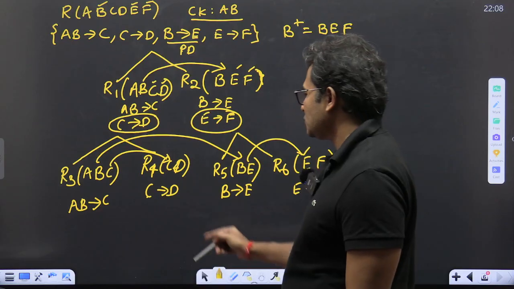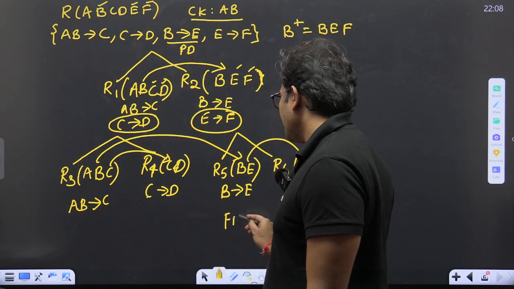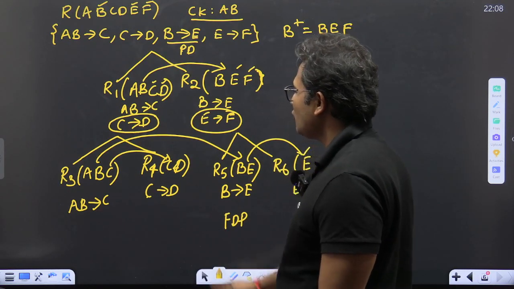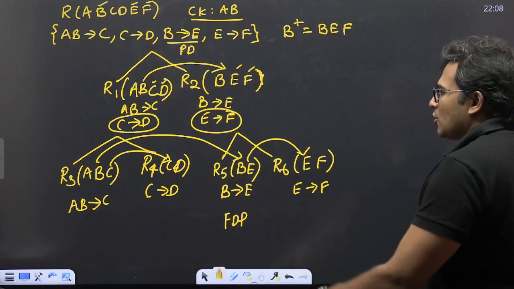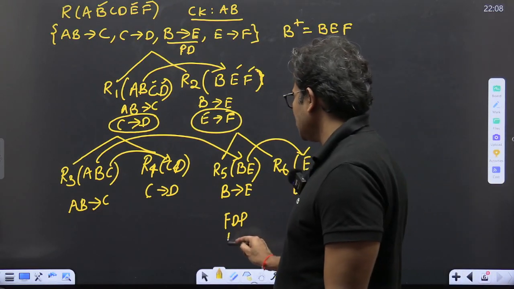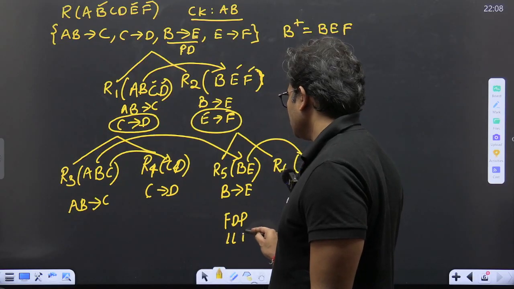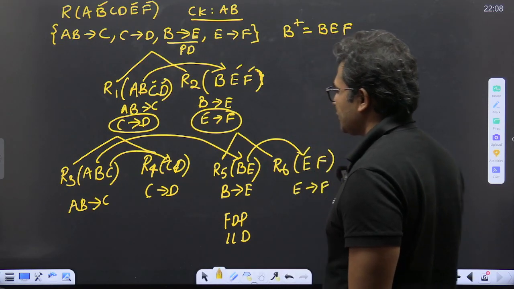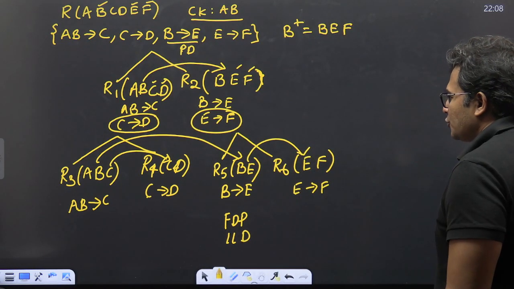So it is functional dependency preserving, right? And now we can see that the common attributes are candidate keys. Therefore, it is lossless decomposition, right?